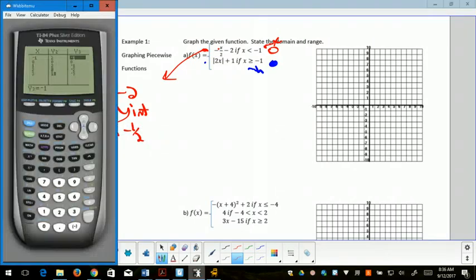So in my calculator, I'm going to clear the function, just because we're doing pieces and we want to have a specific starting value or a specific stopping value. So in y1, I'll put in -x over 2 minus 2. And I can go to my table. My maximum value is -1.